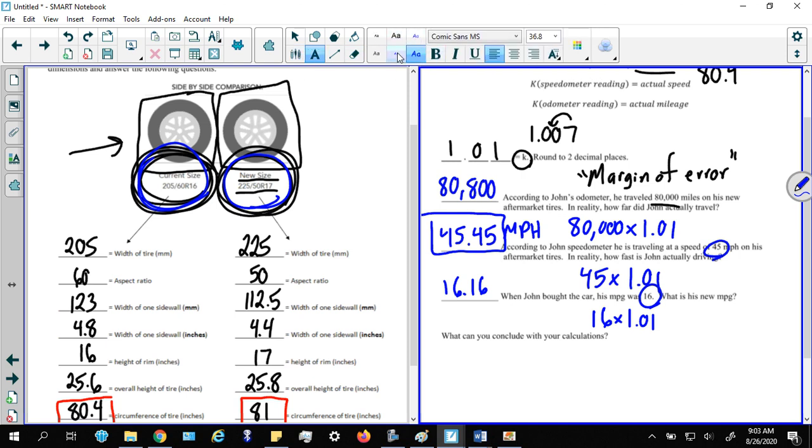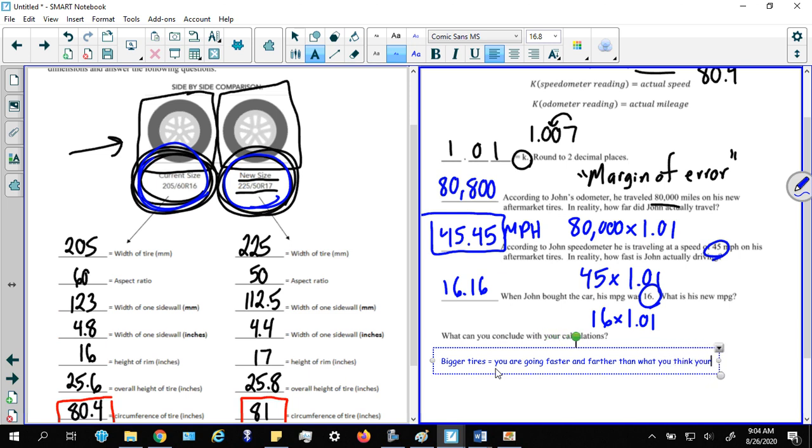Your conclusion would be that bigger tires means you are going faster and farther than what you think you are. That'd probably be the best way to say it.